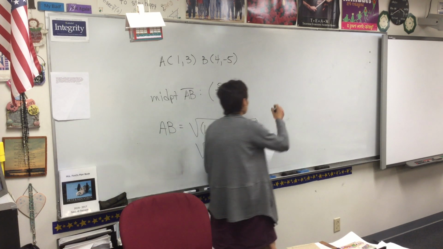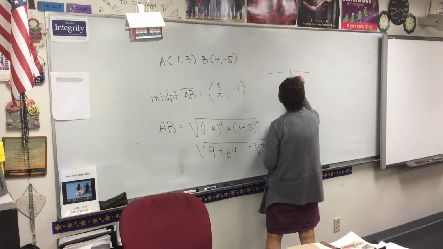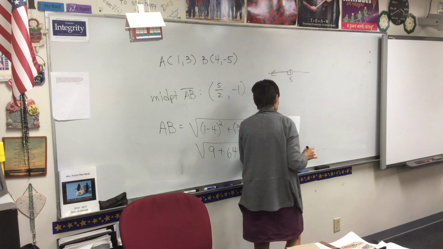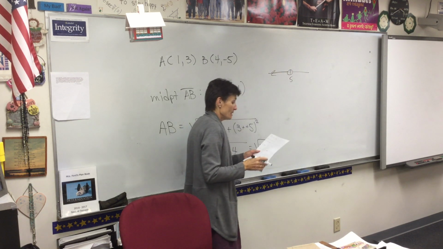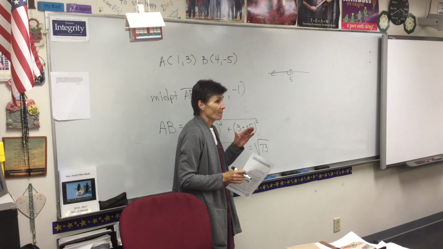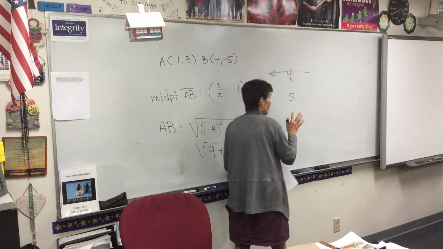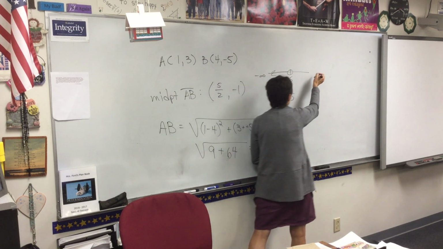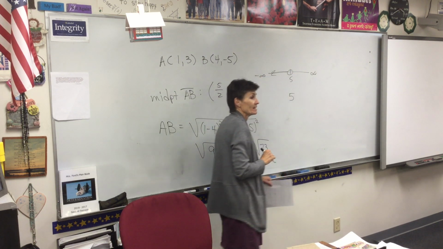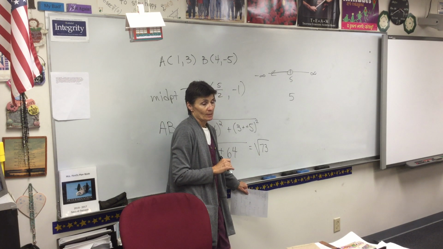All right, now we've got one that some of you are a little bothered by. We're going to write this as an interval. Now there's only one number. When there's only one number, that means you're either going to be using negative infinity or positive infinity as your other number.